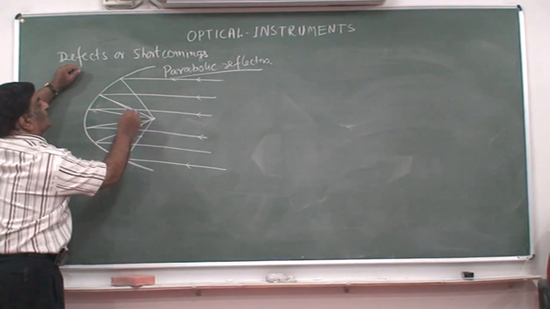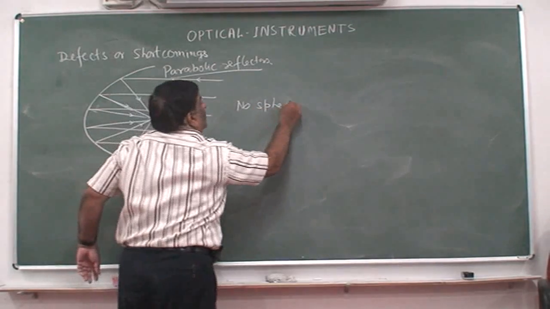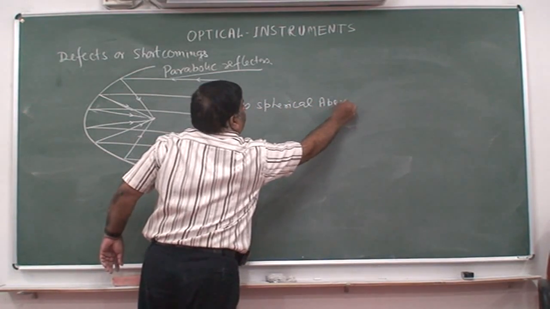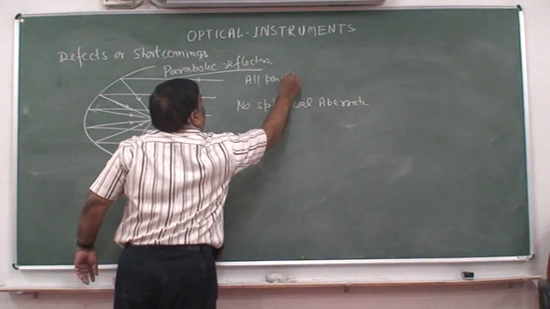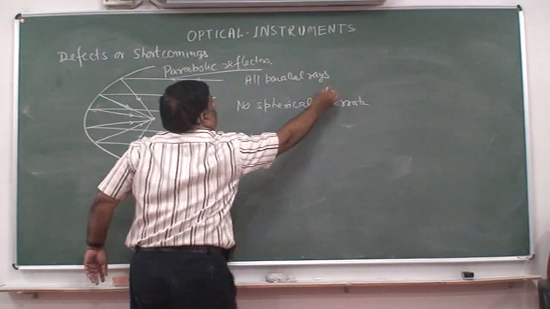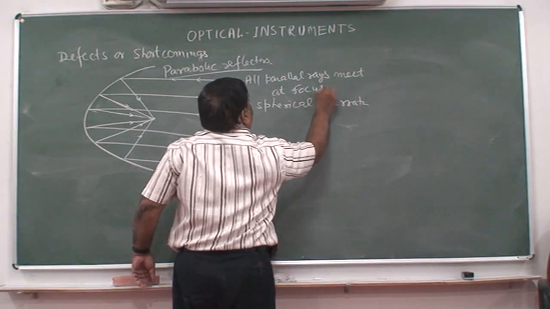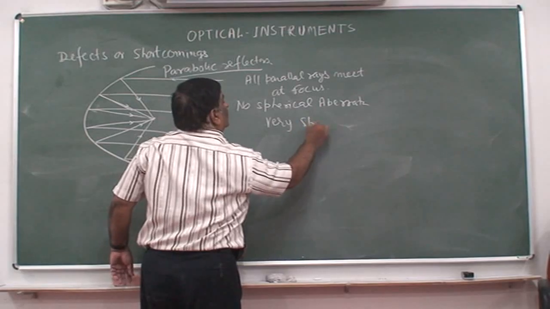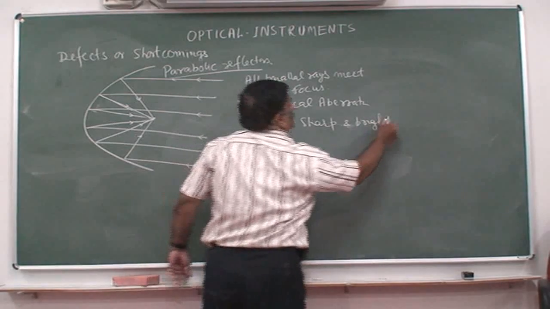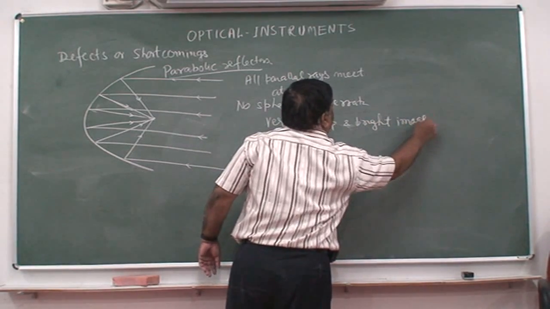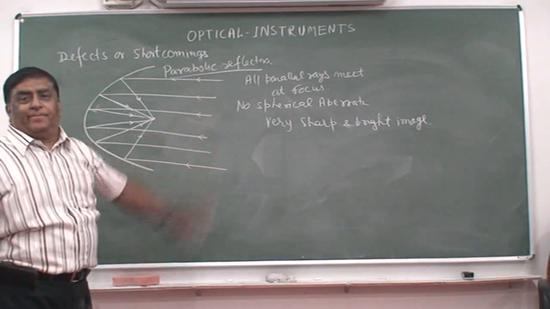The answer is spherical aberration is removed. So, no spherical aberration. All parallel rays meet at the focus. Very sharp and bright image. Okay. So this spherical aberration is gone.